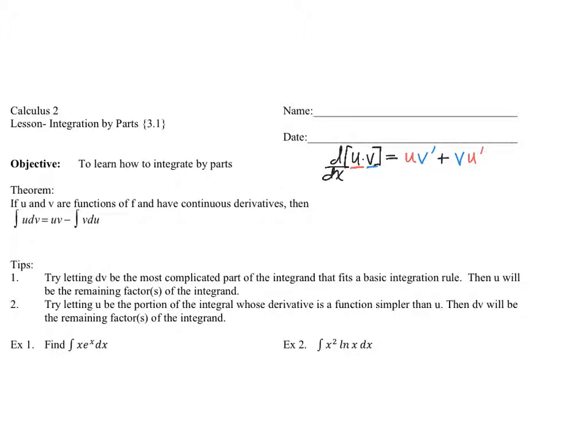But somehow this has to get to this, right? So we start thinking about, well, how can we orchestrate this? Well, one thing we can do is actually multiply through with a dx.